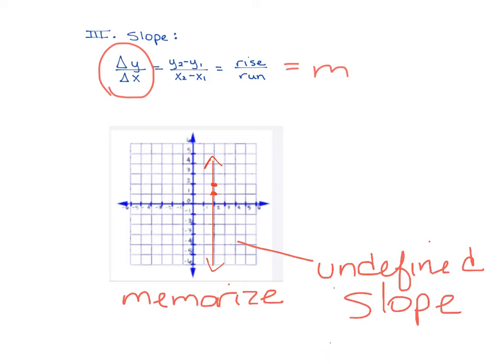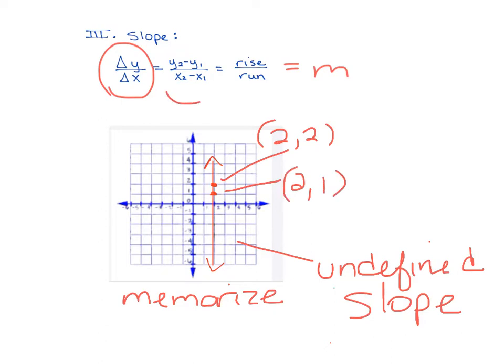If I didn't memorize that this has an undefined slope, or let's say it wasn't even graphed for me and it was just ordered pairs, I could pull, first of all, 2 ordered pairs off my line. Doesn't matter where. So I'm going to actually write down the ordered pairs of where I just put the 2 points. So this is the ordered pair 2, 2. And this is the ordered pair 2, 1.